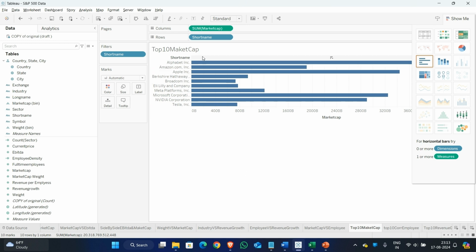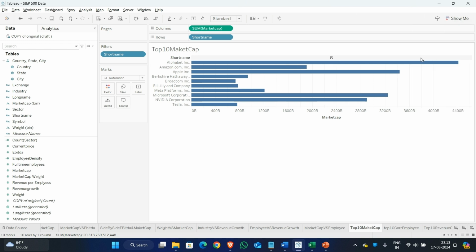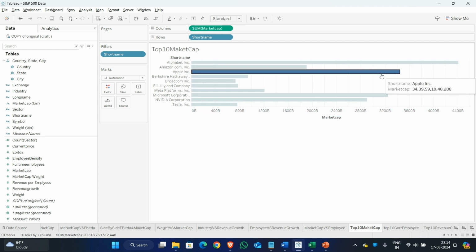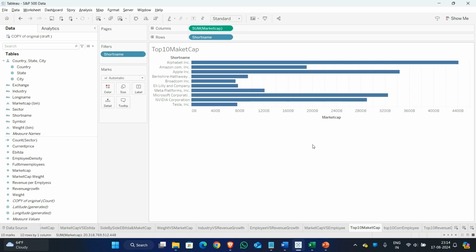The top 10 companies that I have been saying are Alphabet, Amazon, Apple, Berkshire, Broadcom, Eli Lilly Company, Meta, Microsoft, Nvidia, and Tesla. Among all these, with respect to market cap, the highest is Alphabet, followed by Apple, and then Microsoft.